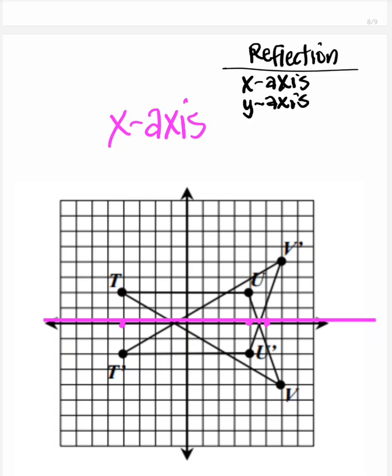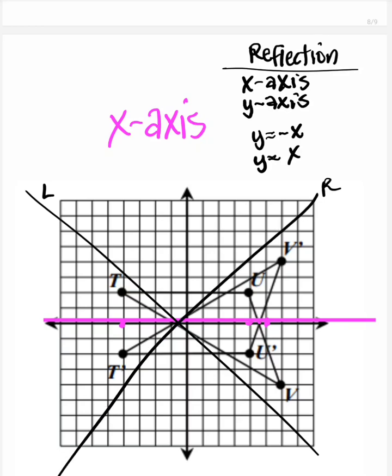Or you may have a diagonal. So the diagonals are always going to be y and y. But it's going to be either diagonal from the left, which is going to be negative x, or the diagonal will be, so here's the left, it'll start there, boom, or it'll be right, which is positive x, boom.